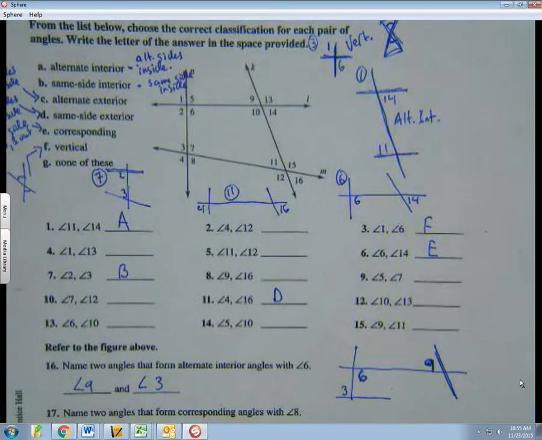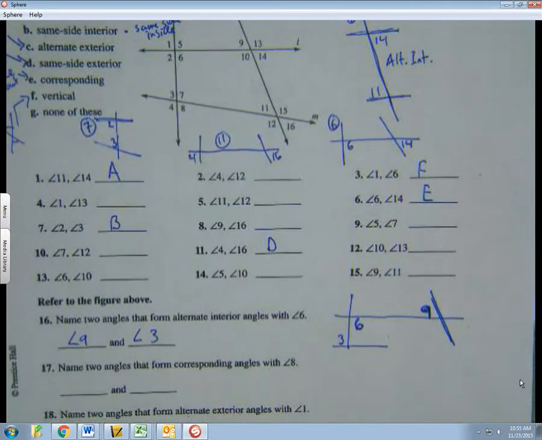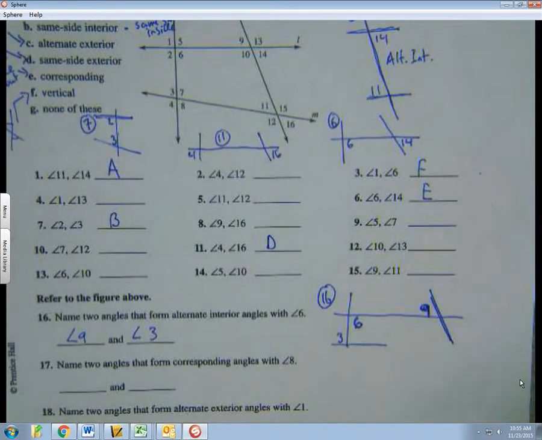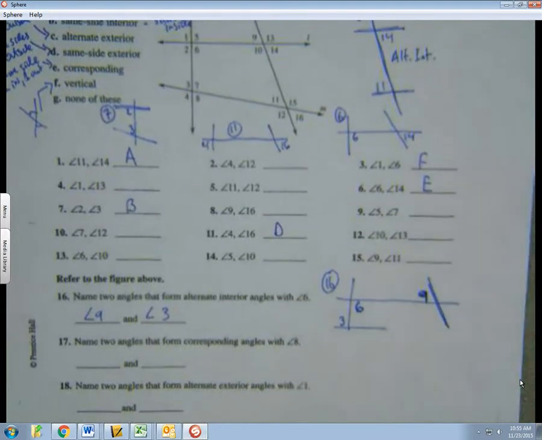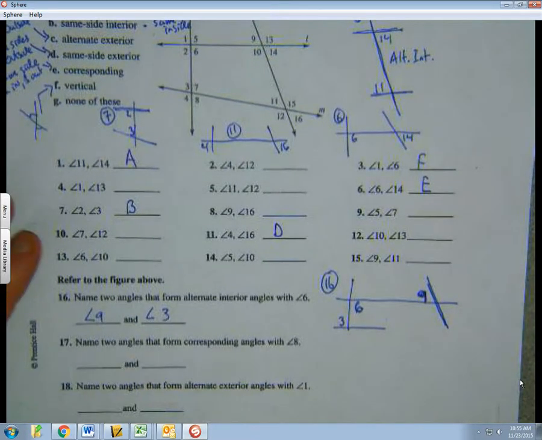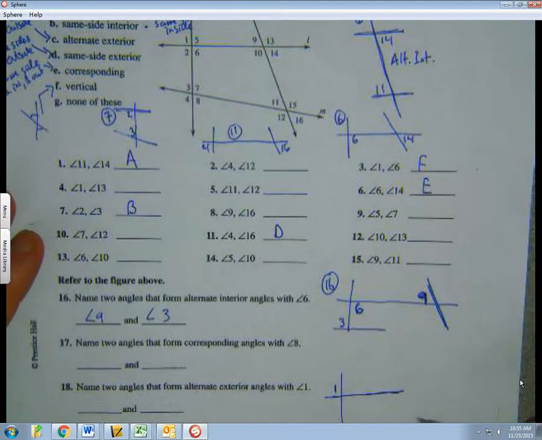Okay, alternate exterior with 1. We'll look at guy 18. So this is 16. Hopefully I'll leave you some room for 17. So alternate exteriors with 1. So where is 1? Here's 1. Alternate exterior. So let's look down here, because that's on the outside there. So if I drew another one here, it's got to be on the outside.